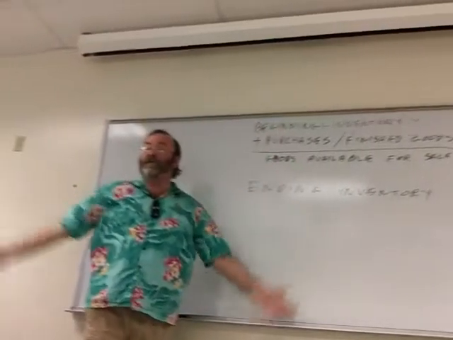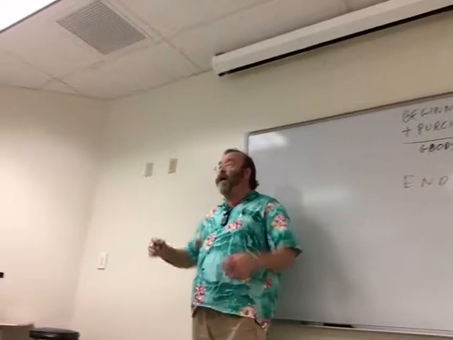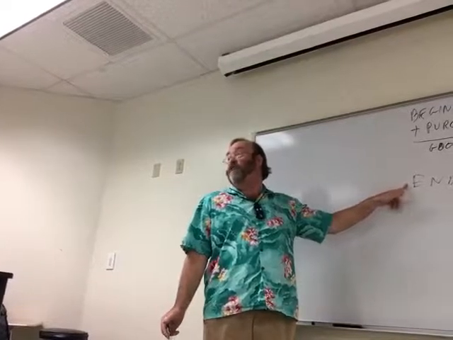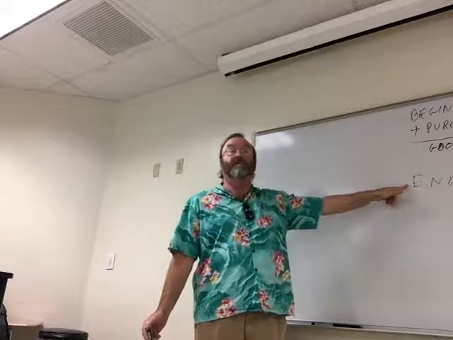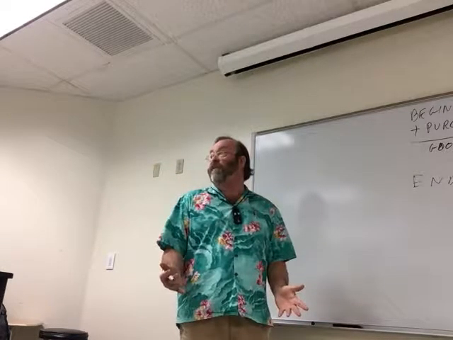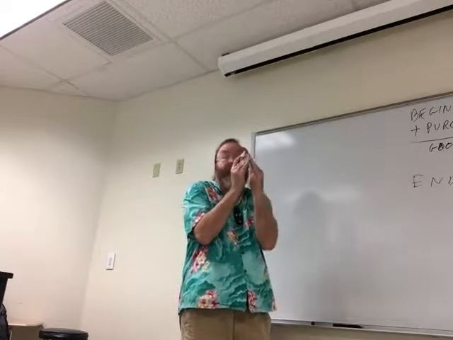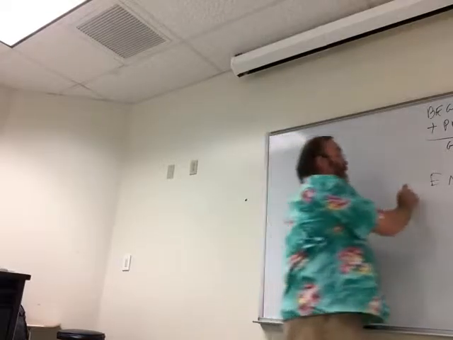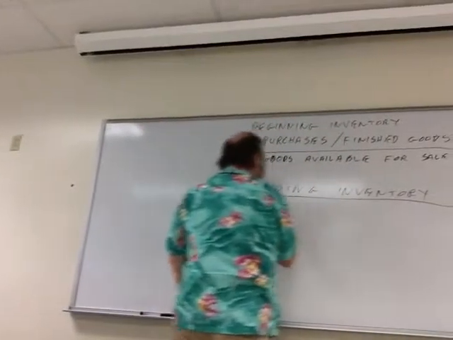You know how much in total you have to sell to your customers. You just went and counted how much you still have on the shelf. So the difference between the total pie of goods available and how much pie you have left is cost of goods sold.